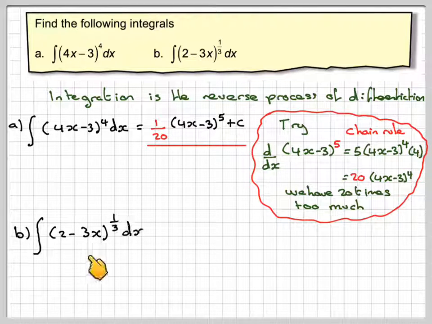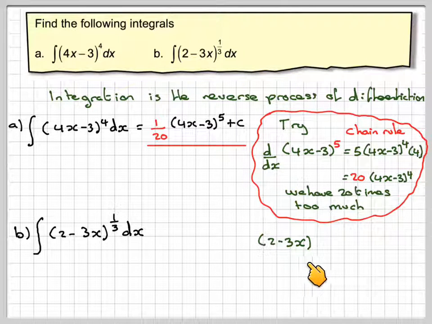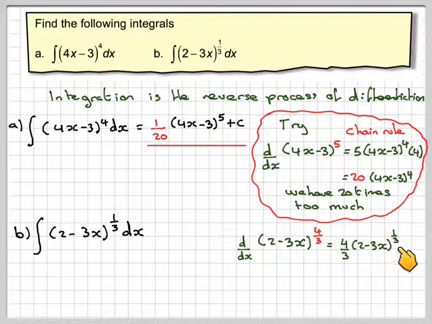So the integral of (2 minus 3x) to the power of 1/3 dx. So my guess will be (2 minus 3x), add 1 to 1/3, which gives me 4 over 3, and then differentiate that. Okay, so what we're going to do is to differentiate that, we're going to bring the power down in front, so 4 over 3, write down the bracket, which is 2 minus 3x, and then reduce the power by 1, which is 1/3.